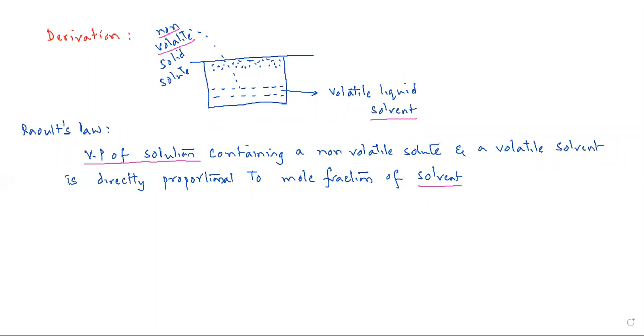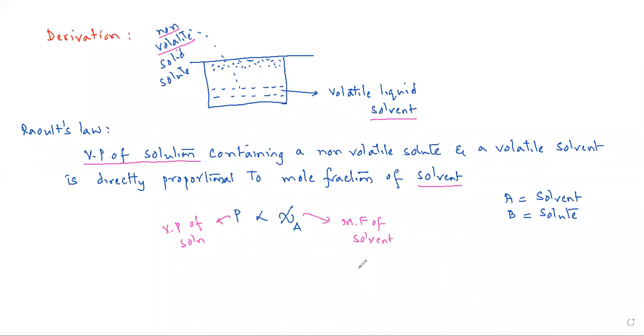So this can be mathematically given as P, nothing but the vapor pressure of the solution, is directly proportional to the mole fraction of solvent. A refers to solvent, B refers to solute. Now, simple. This is the vapor pressure of solution, and this is the mole fraction of solvent.